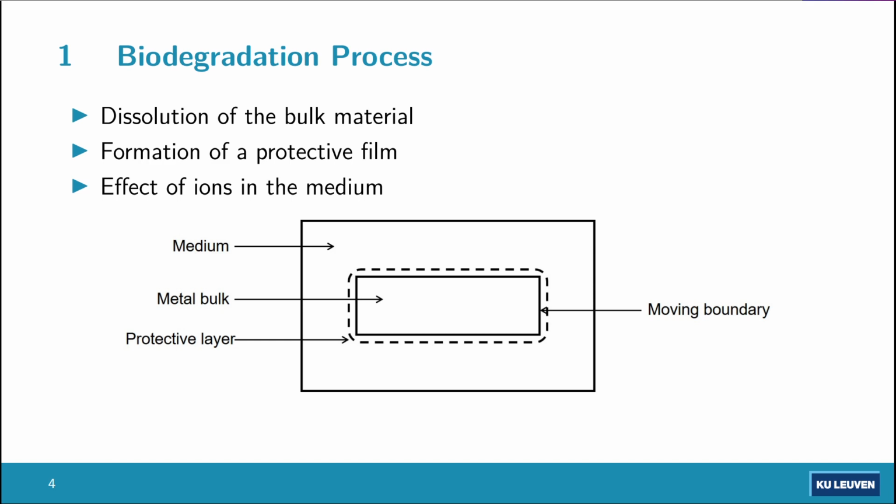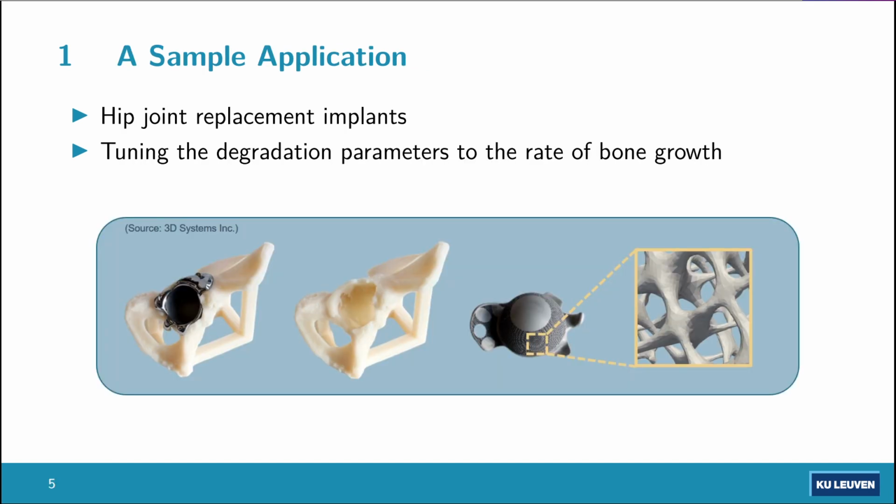And in this regard, the moving boundary, as also shown here, is indeed the interface between the metal bulk and the surrounding medium that moves due to material loss. An example of this would be when you put some material inside your body, you don't want it to stay there forever. For example, in hip joint replacement implants, you want a part of the implant to be made of biodegradable material.